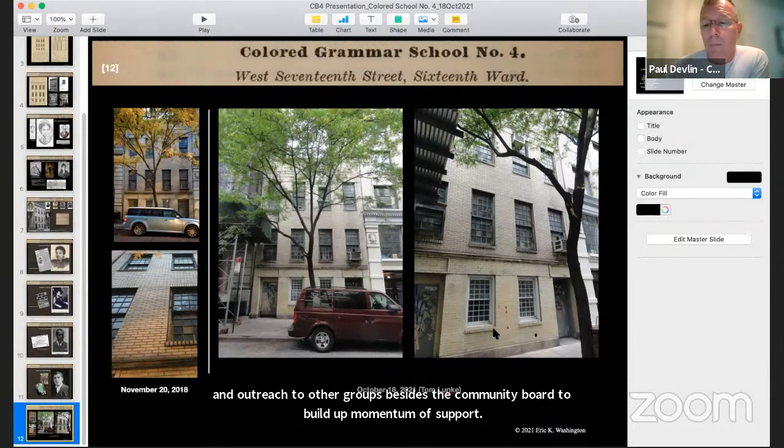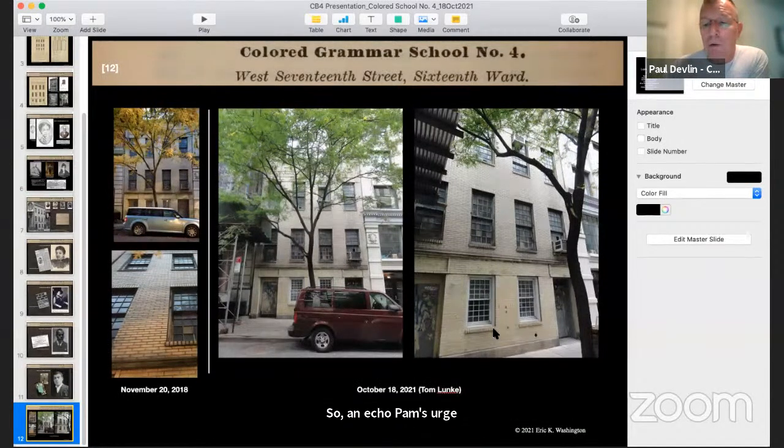So I'd echo Pam's urging you to reach out to Save Chelsea or any of the preservation groups, any of the block associations, the incoming city council member. It helps when we have many voices speaking in favor of this and not just yours and ours. So I'd urge you to do that.